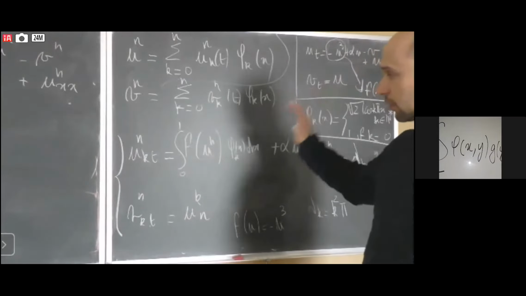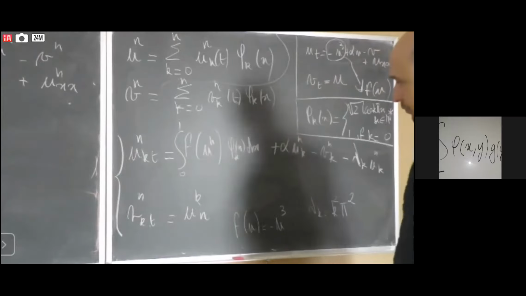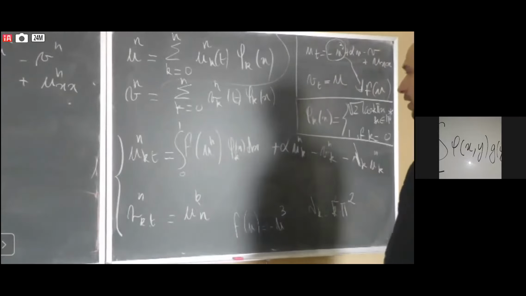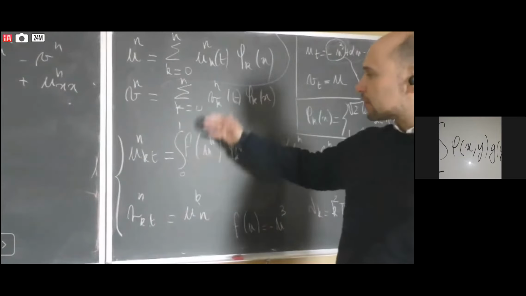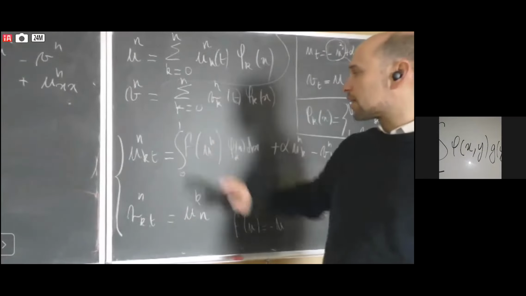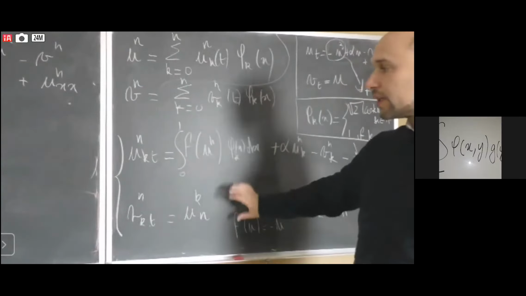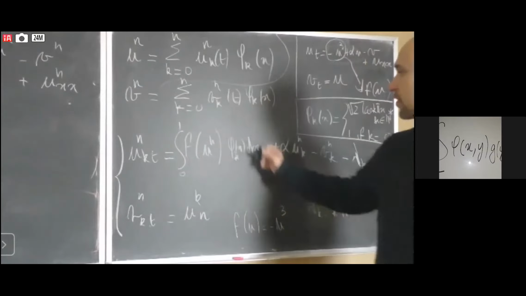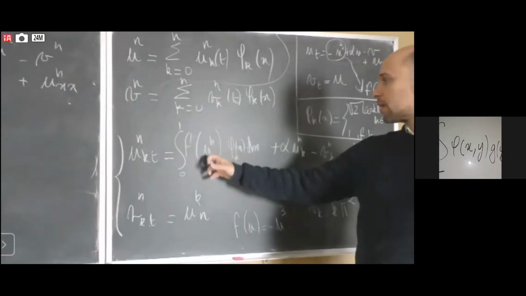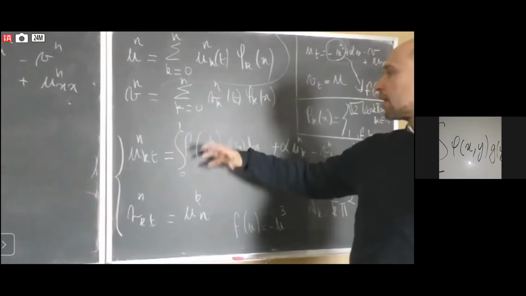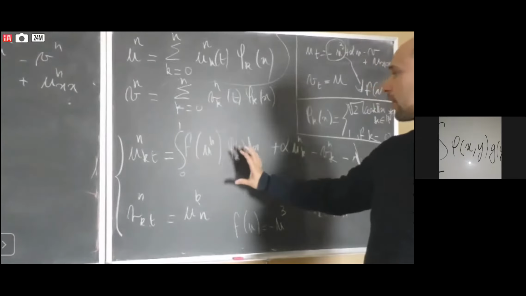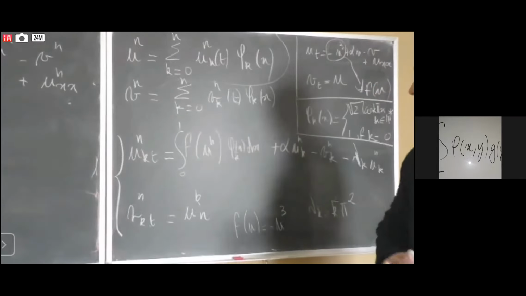Everything is regular. So your solution is C infinity. You can derive it as much as you want. The solution of that is an ODE, right? Because these are numbers, this is cubic. So here there's a sum, but there's a cubic. You can compute everything and you get an ODE.